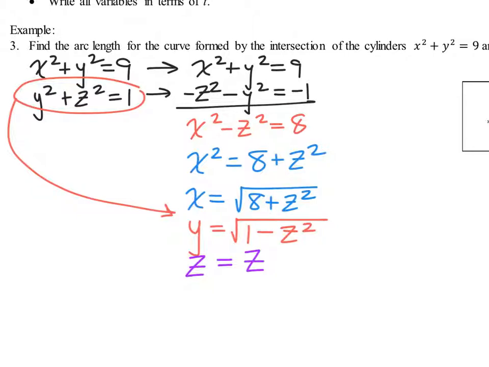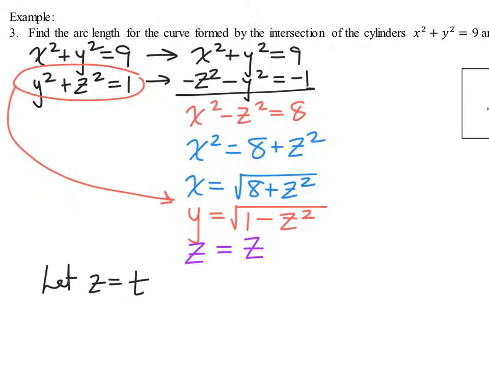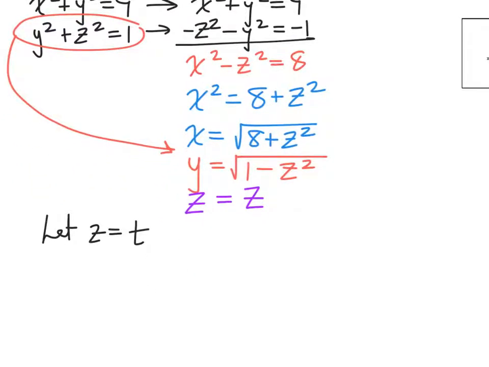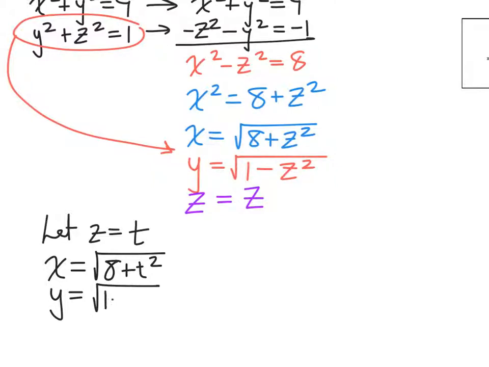So what we do is we let z equal some parameter t. You can let it be whatever you want, but when you're dealing with parametrics, we tend to want to let it be equal to t. So x would be equal to the square root of 8 plus t squared. Y would be equal to the square root of 1 minus t squared.